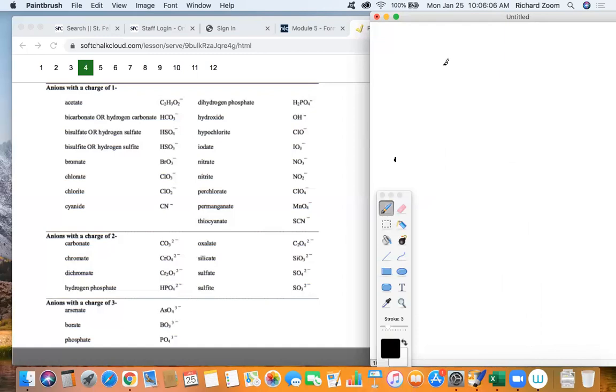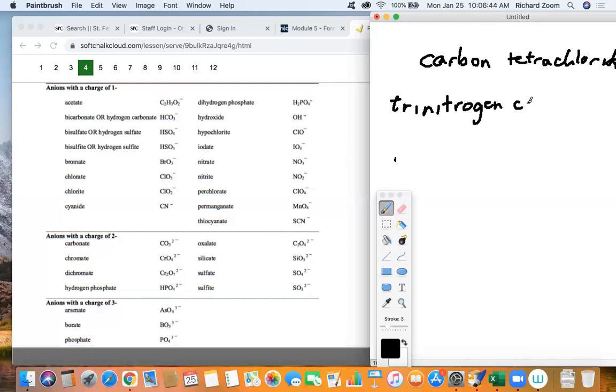Okay. And then the naming of carbon tetrachloride.